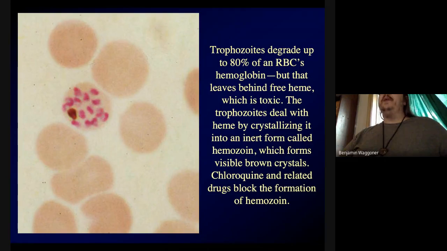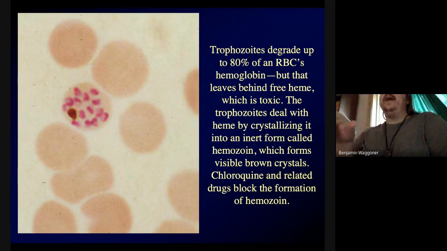So if the trophozoites are eating the proteins, that leaves free heme behind, and the trophozoites deal with heme by crystallizing it into an inert form called hemozoin. And hemozoin makes these brown crystals. And in this picture, I think you can see the red blood cells themselves are stained very light pink. The merozoites are staining more intense pink, more of a hot pink.